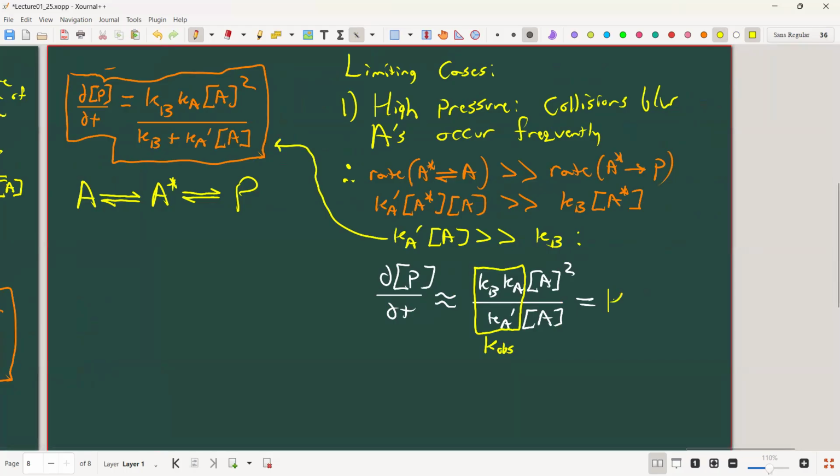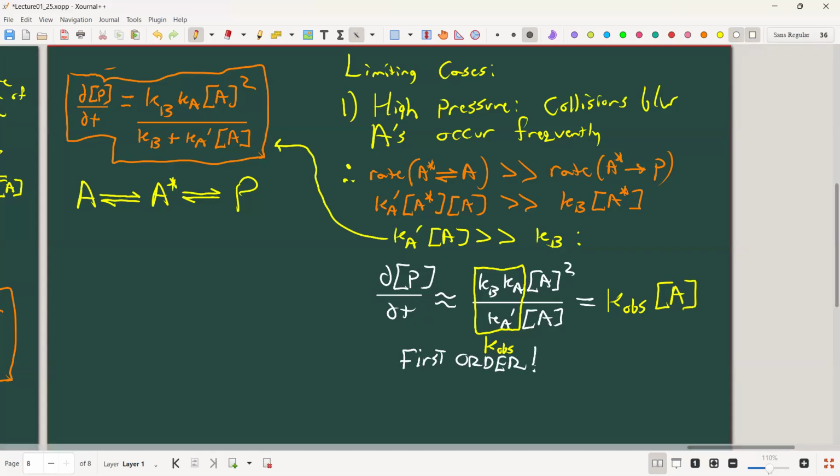And what does this look like? It looks like K observed times A. So we have first order. So in the limit of high collisions, the A's are constantly smacking into each other and equilibrating with each other. The reaction reduces to first order exactly like we expect.